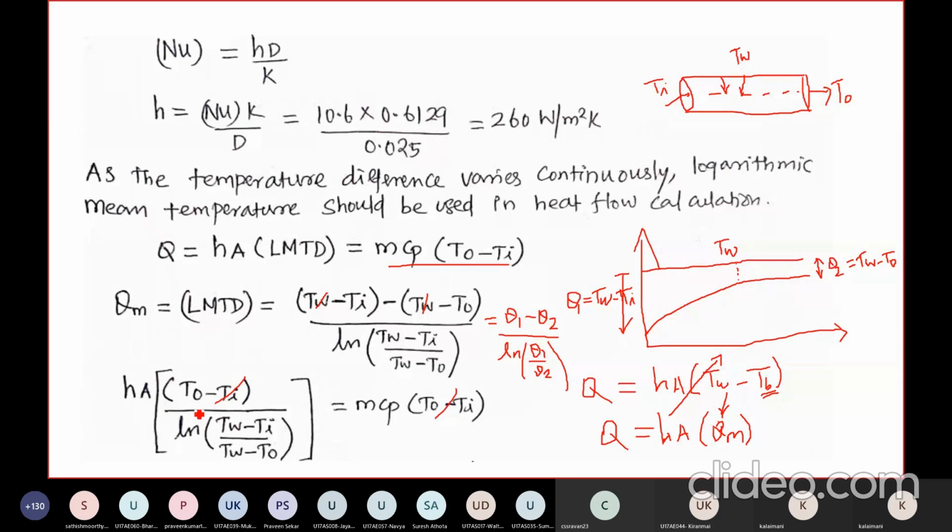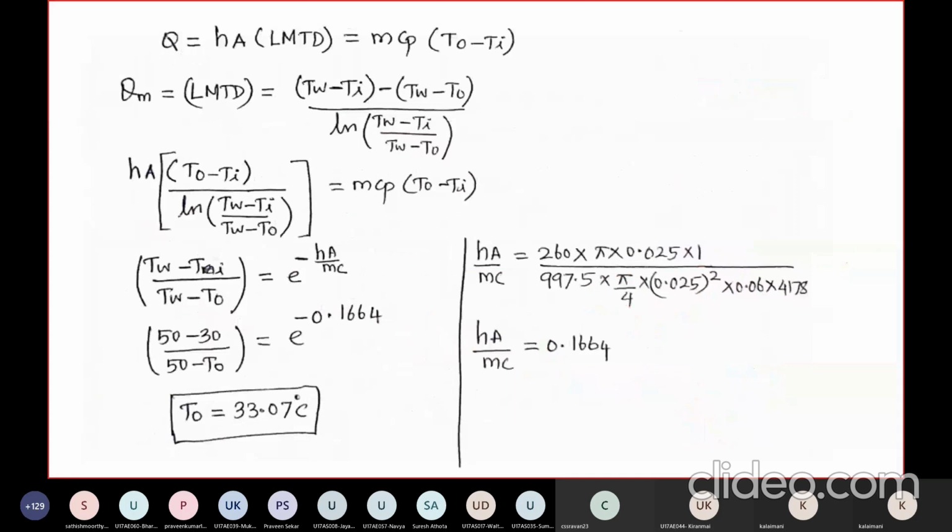Therefore hA divided by ln of (Tw minus Ti) divided by (Tw minus To) is equal to mCp. Then if we cross multiply, we get hA by mCp is equal to ln of (Tw minus Ti) divided by (Tw minus To).